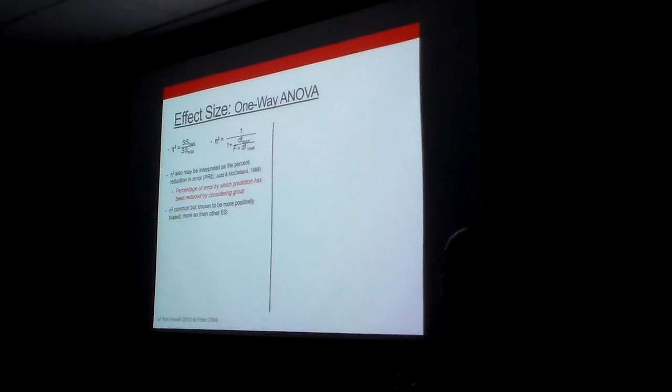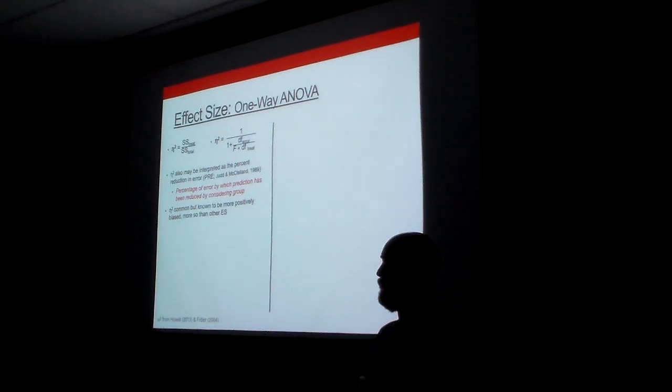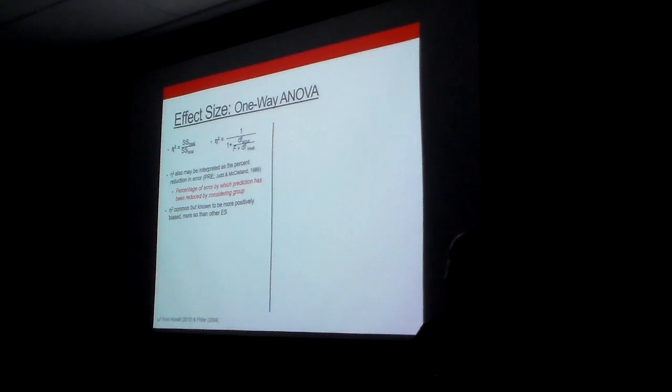The problem is we know that our eta squared value is going to be positively biased. That means that if we're thinking about a measure of the actual population effect, eta squared is not a good one because it tends to overestimate the proportion of population variability that's attributable to our grouping factor.